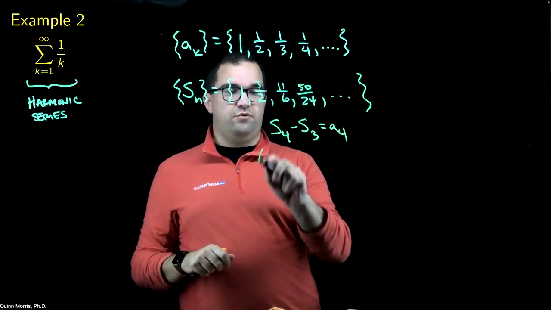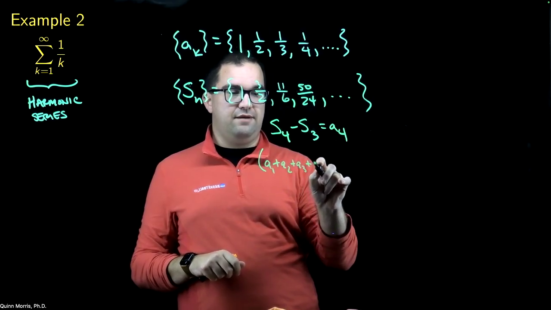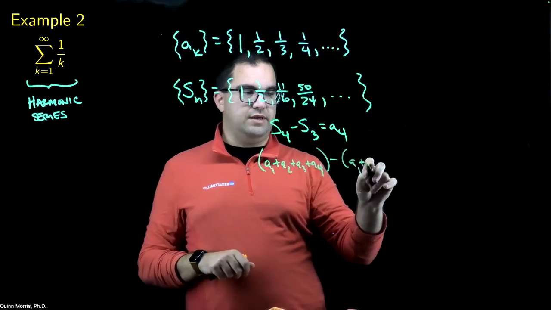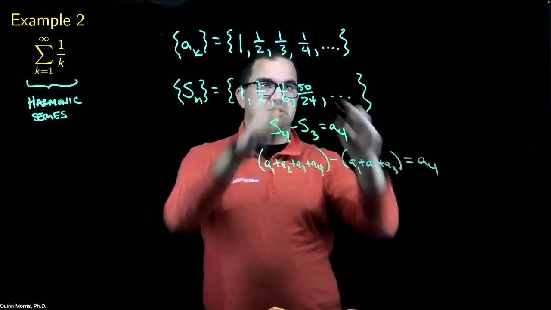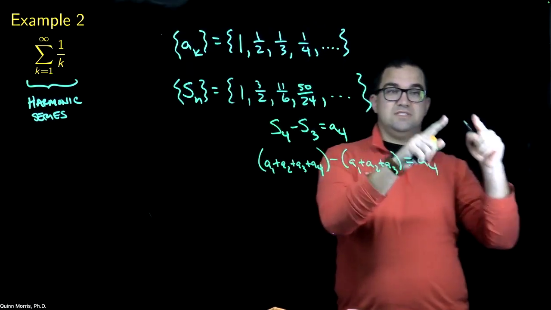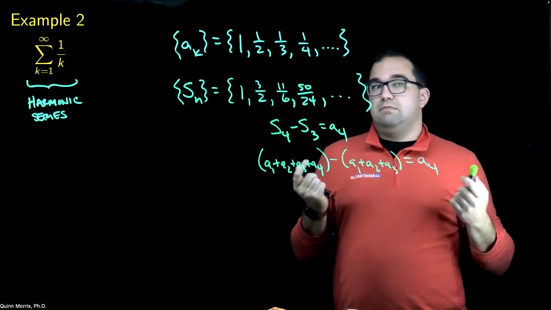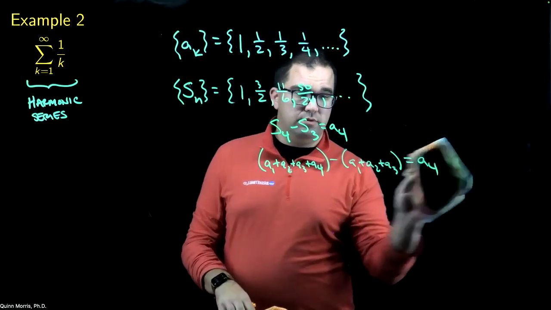S4 was a1 plus a2 plus a3 plus a4, and S3 is a1 plus a2 plus a3, so the difference is just this next term. The difference between any two consecutive terms is going to 0. Is that enough to say it converges? Well, the answer is no.